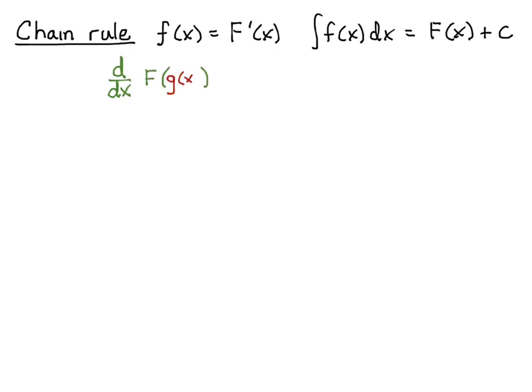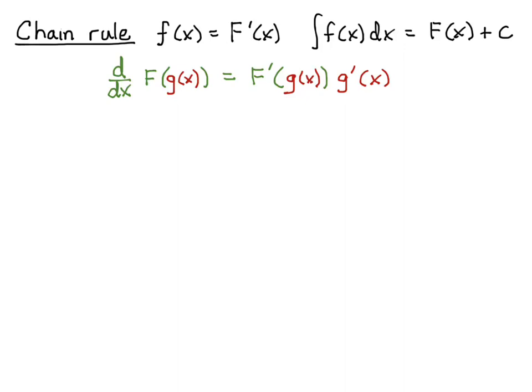So let's take that capital F at x and put in a function g at x on the inside. Now we know how to take this derivative. We apply the chain rule. So what we do is we find the derivative of the outer function, capital F. We leave the inner function alone, and then we multiply it by the derivative of the inner function.